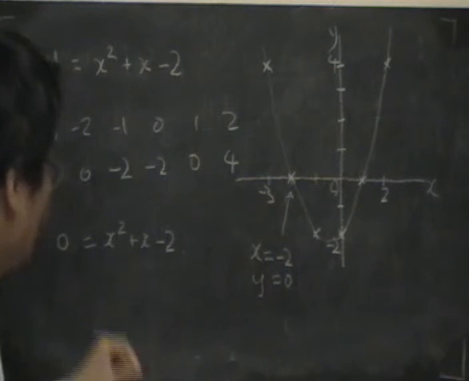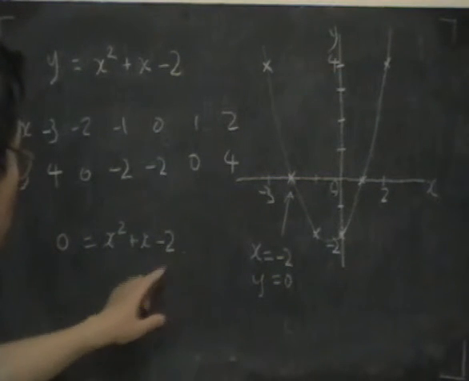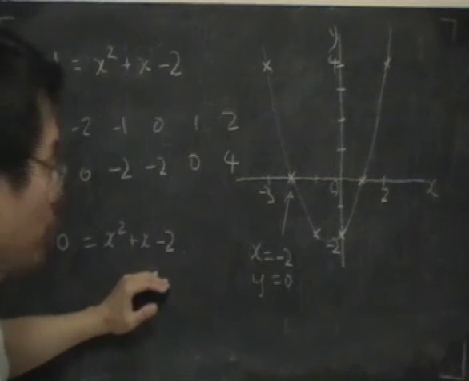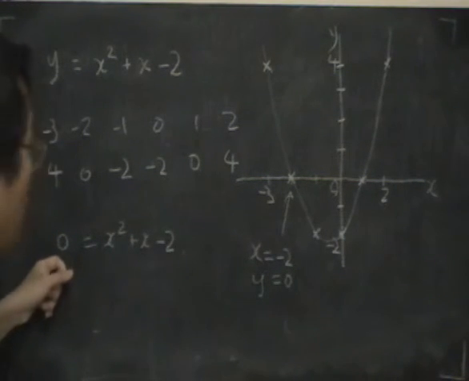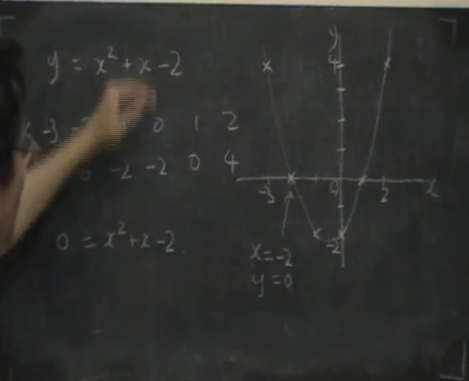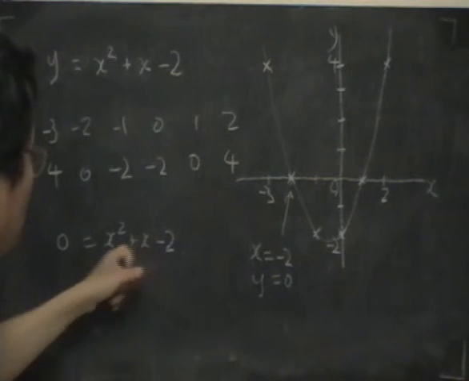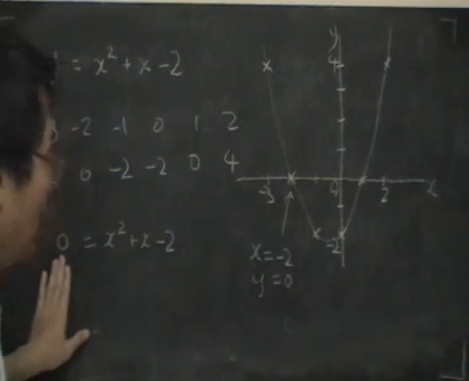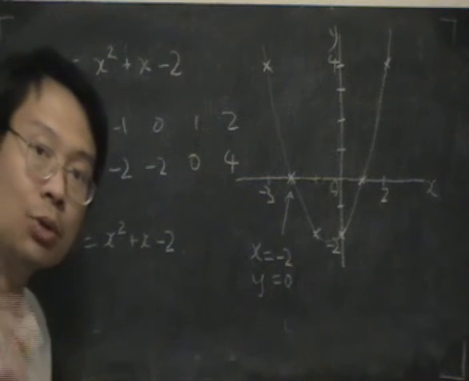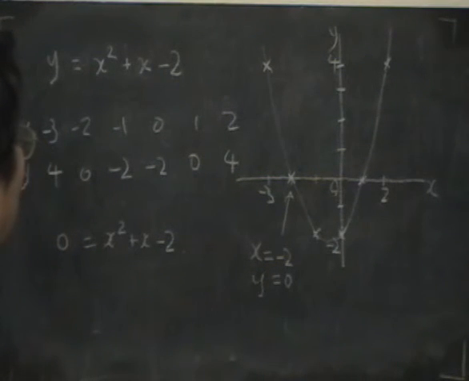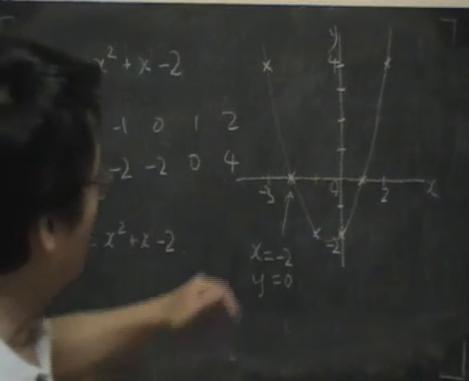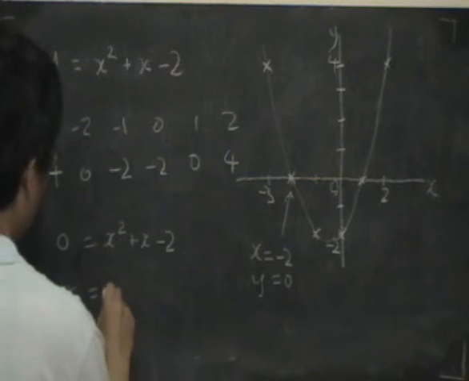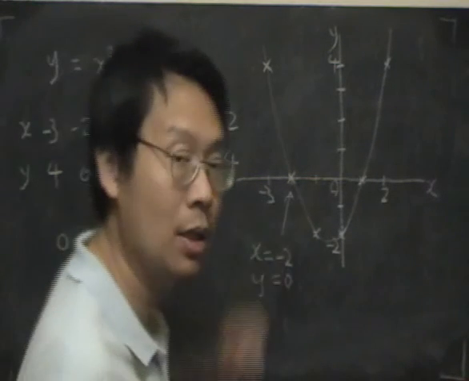But that's exactly what we have in this equation: x squared plus x minus 2 is equal to 0. Because this right hand side is the same as the right hand side there, when x here is -2, I would get 0 there, and therefore x equals -2 is the answer. So we have our answer here. x is equal to -2, and we can get this just by looking at the graph.